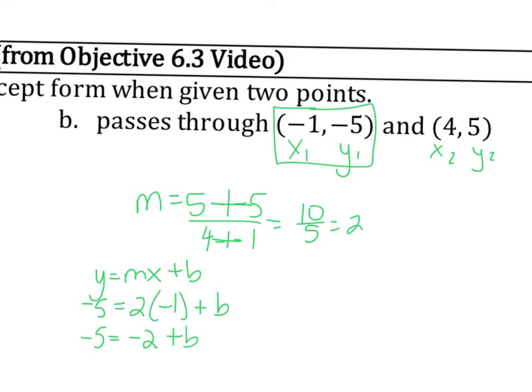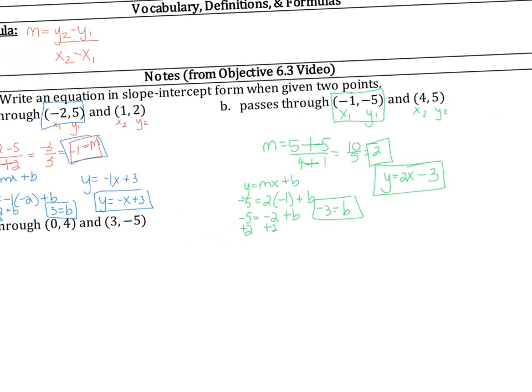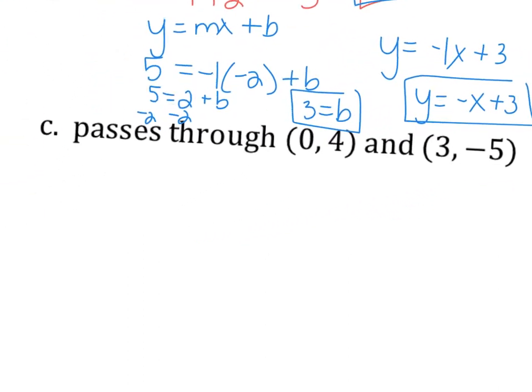And then to get b by itself, I'm going to add 4. And so negative 1 will be our b value. Our m is 2. y equals mx plus b. And so since it's negative 3, I'm just going to do minus 3. So there's our equation. So finding our slope and then using one of our points to find our y-intercept.